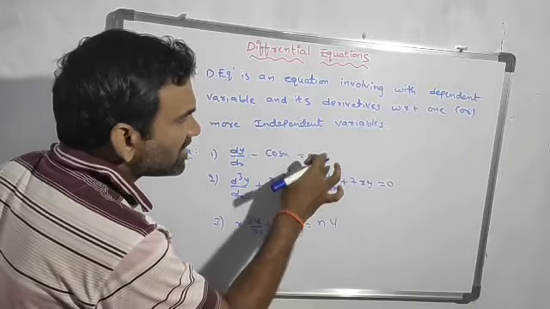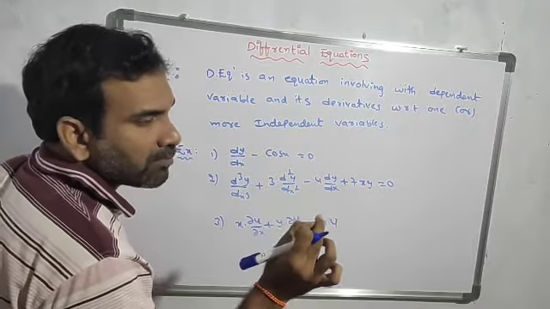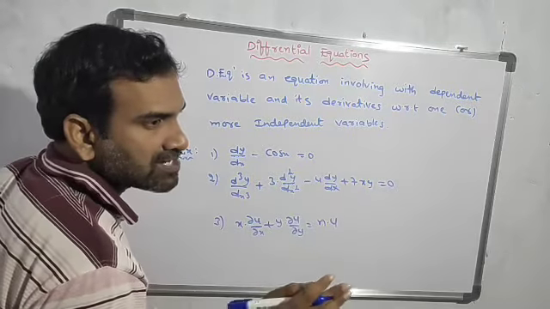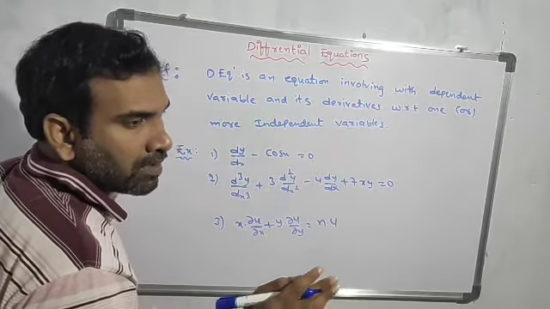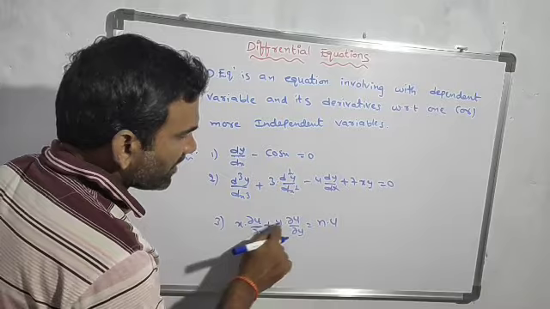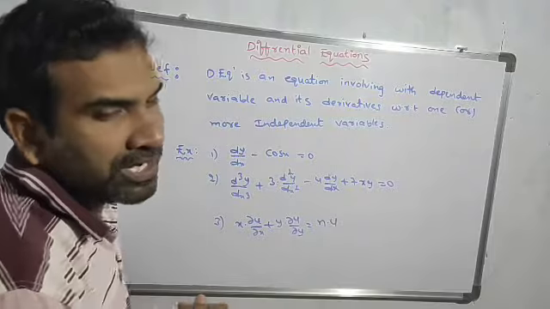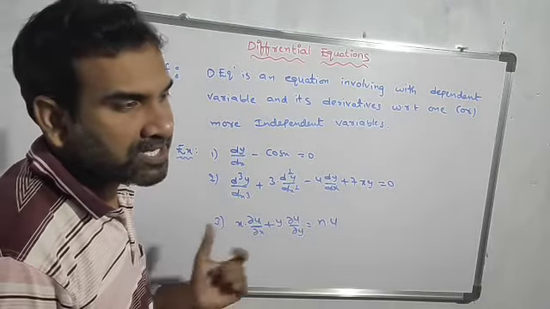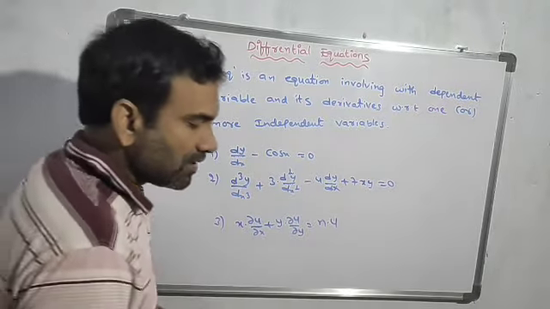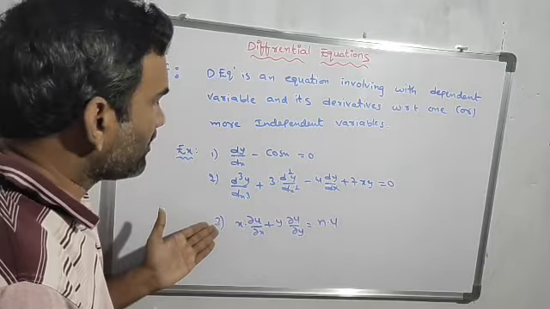If the dependent variable is differentiated by only one single independent variable, then that type of differential equation is called an ordinary differential equation. If the dependent variable is differentiated by two or more independent variables, then that type of differential equation is called a partial differential equation. So differential equations are of two types. This is the definition and I have given the examples.